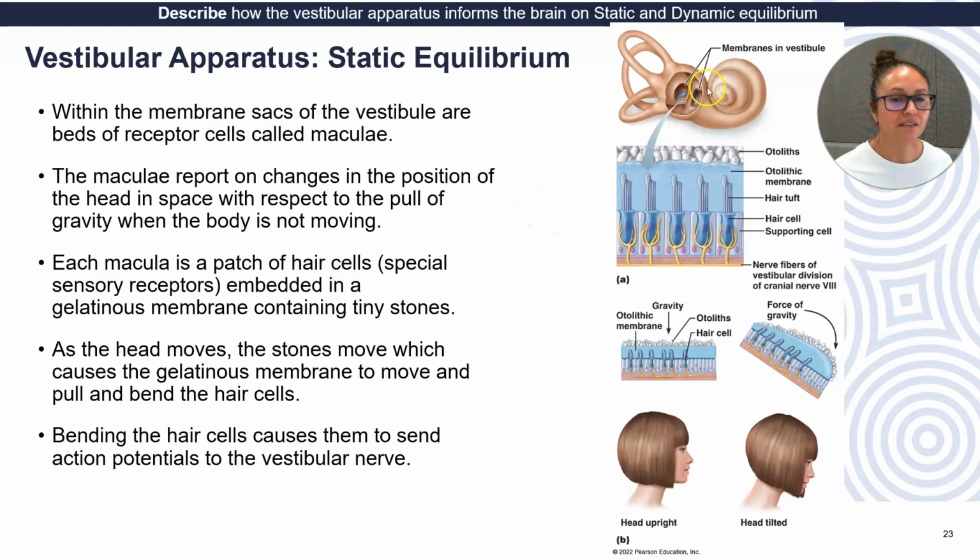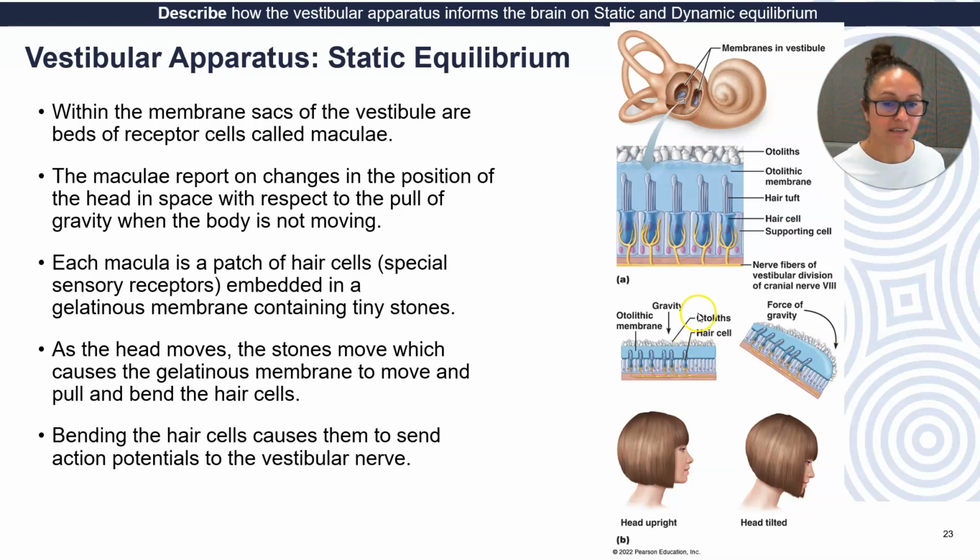So we have a system for horizontal and vertical movement, and then another system where we have fluid in canals, which is rotational movement, and they all work together to tell your brain exactly what your head is doing. That's essentially what the system is all about. This one is about the rocks moving, which pulls on the jelly, which pulls on the cilia, which causes action potentials.